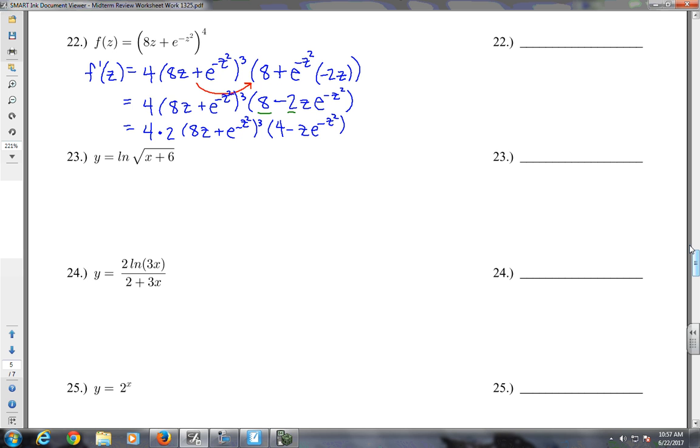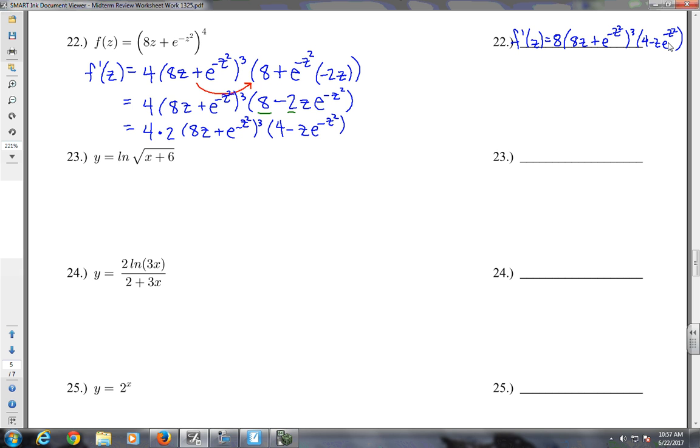So our final derivative is 8 times (8z plus e to the negative z squared) quantity cubed times (4 minus z e to the negative z squared). All right? Moving on to number 23.